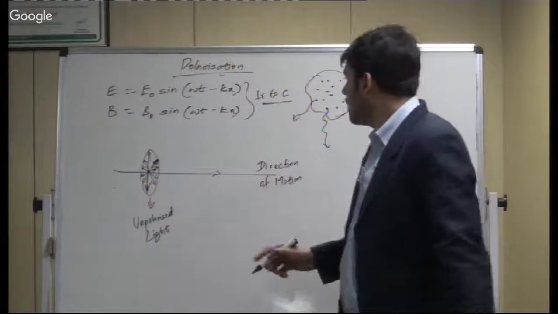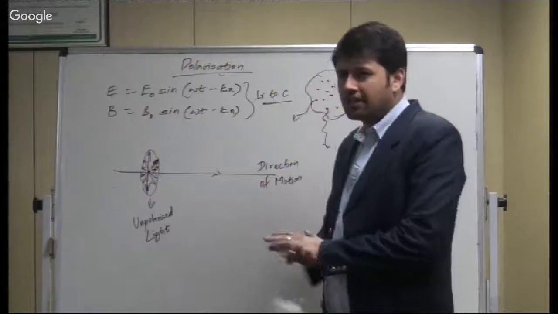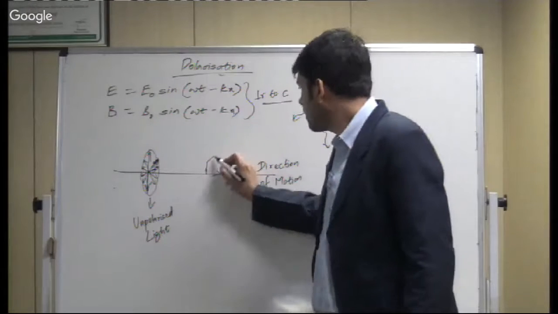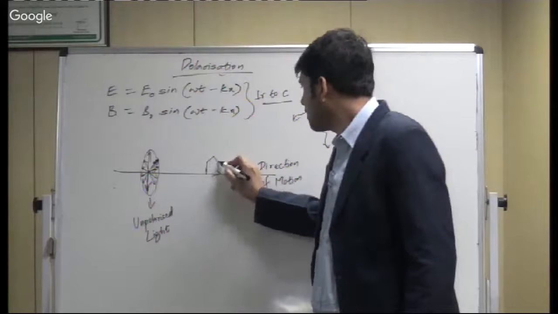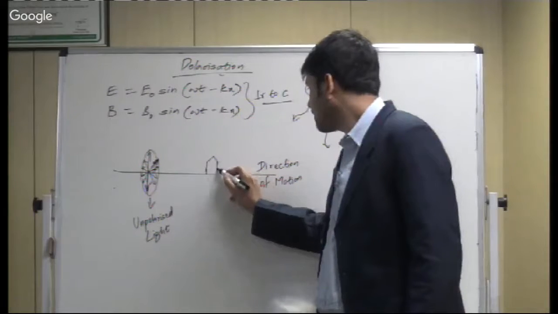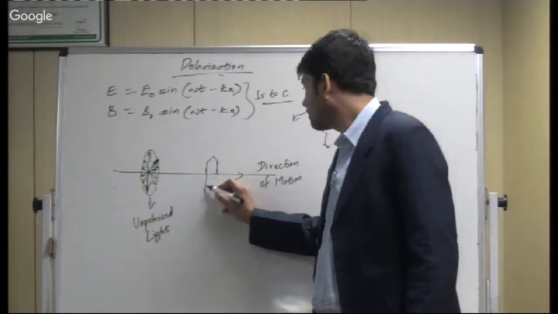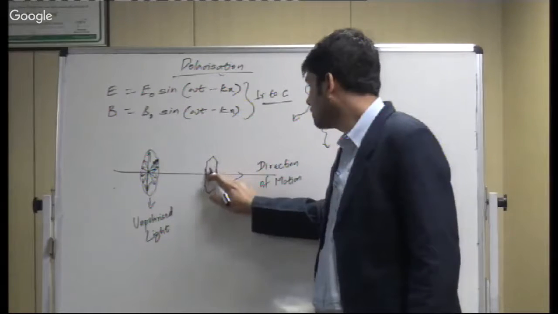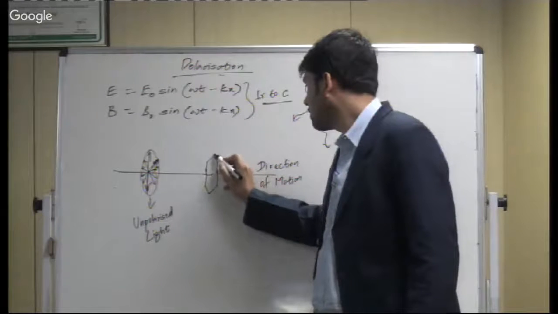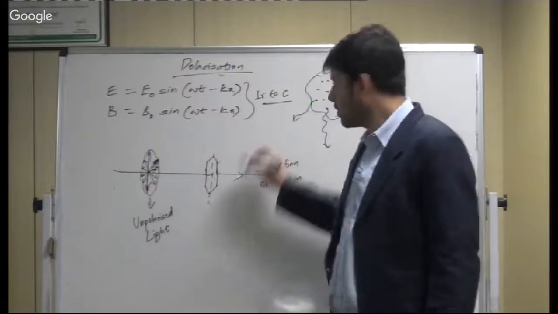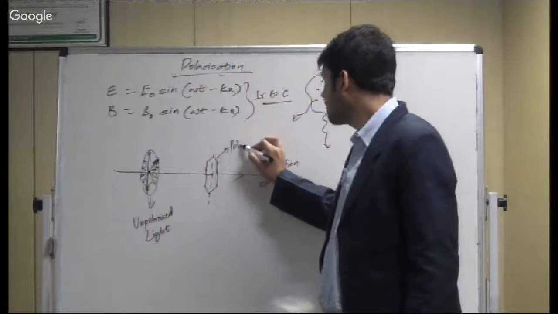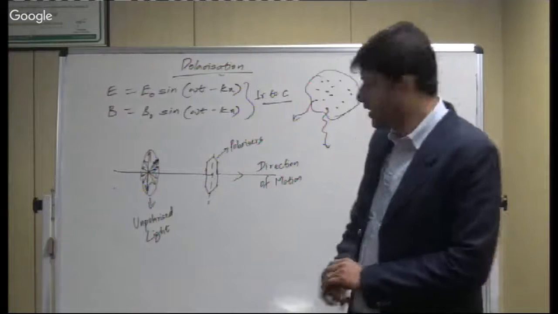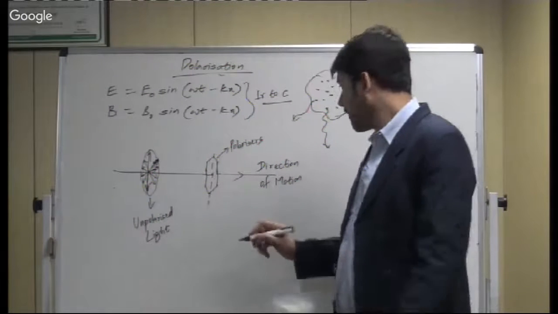Now there are some devices, some instruments, called polarizers, which can restrict the oscillations of the electric field to a particular direction.